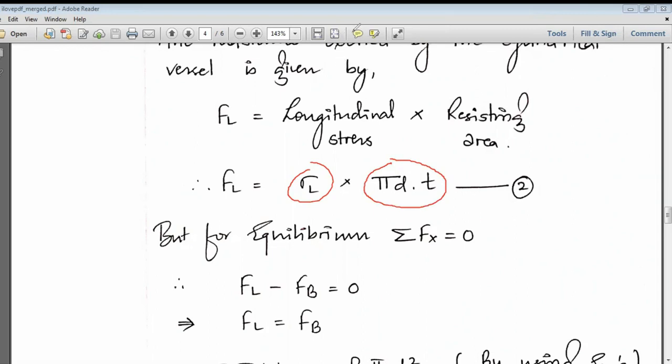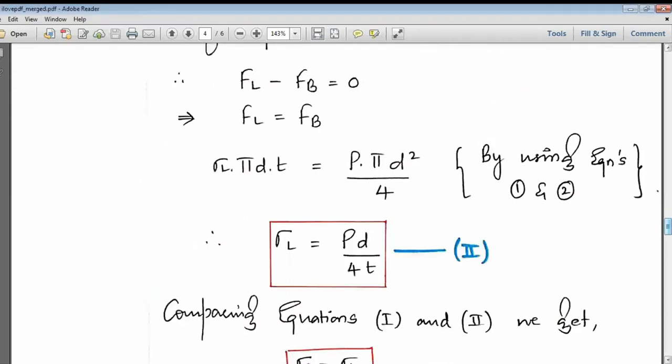So when you equate them, I'll be getting an expression for sigma L, which is PD by 4T. How did you get this? Pi and pi you cancel, one D and one D is going to cancel here. So sigma L is equal to PD divided by 4T. This is the expression for longitudinal stress.